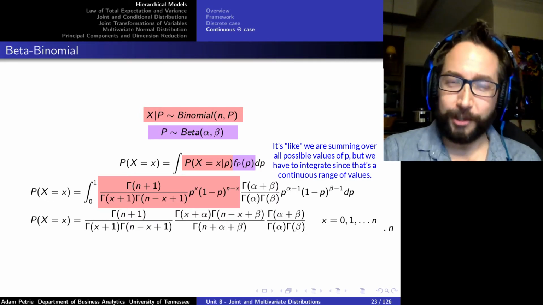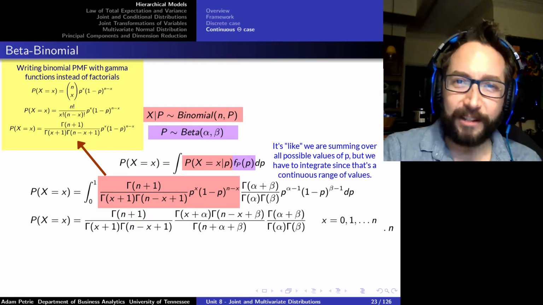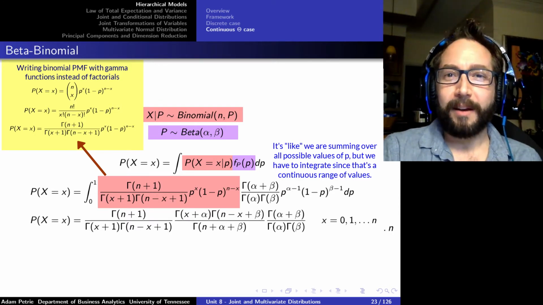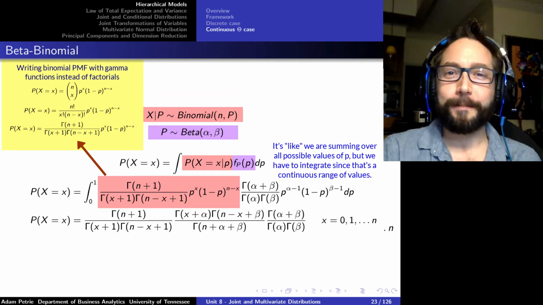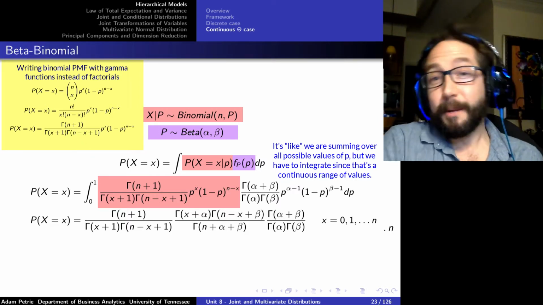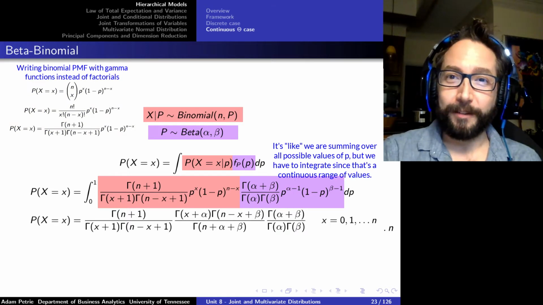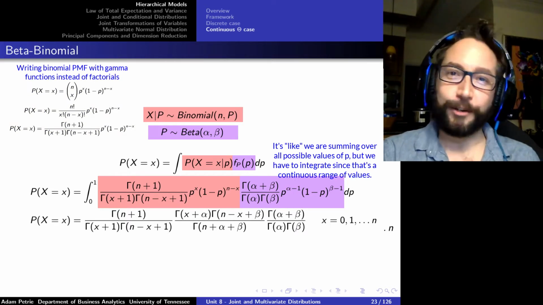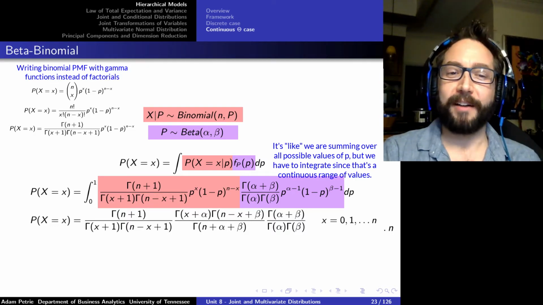That's our binomial distribution. Notice that I've rewritten the factorials, like n factorial as gamma of n plus 1 and x factorial as gamma of x plus 1, just to keep the notation consistent. So there's my conditional distribution of x given p, and then I multiply that by my distribution of p itself, my formula for the beta distribution. It looks really hairy, but I want to integrate that expression from 0 to 1, over all possible values of p.